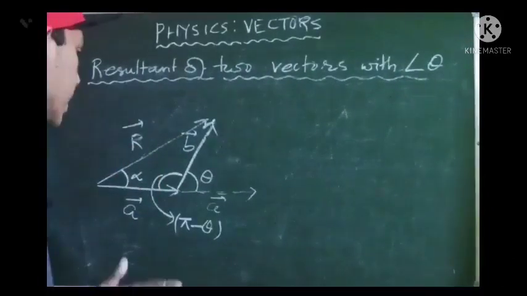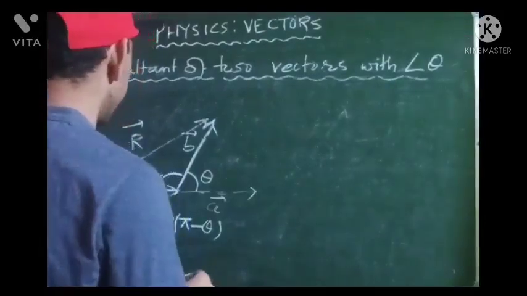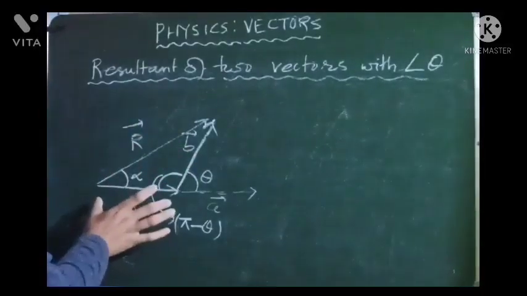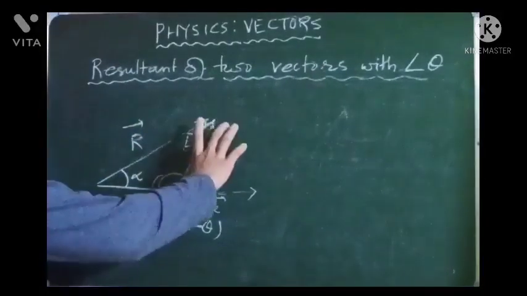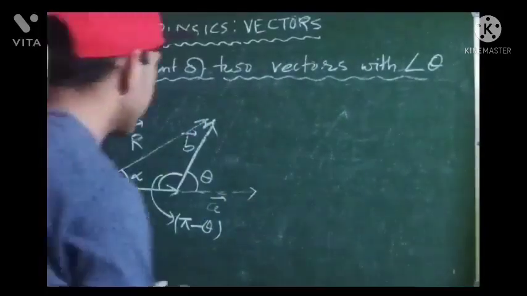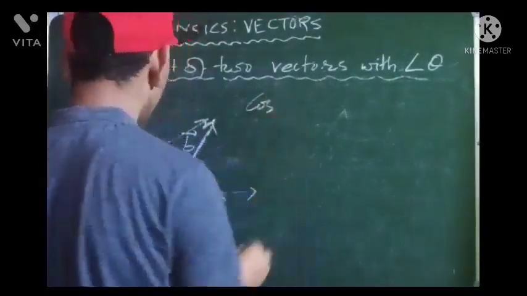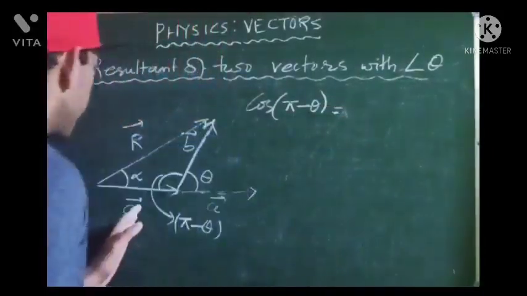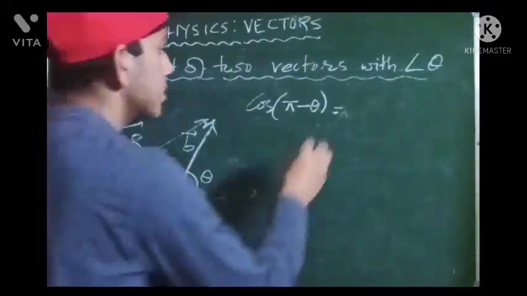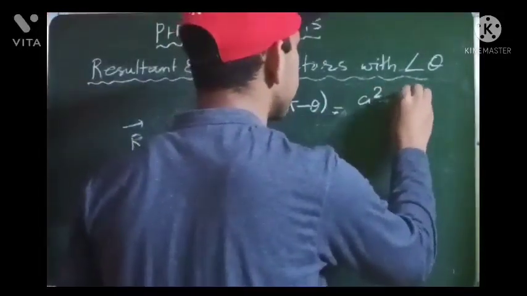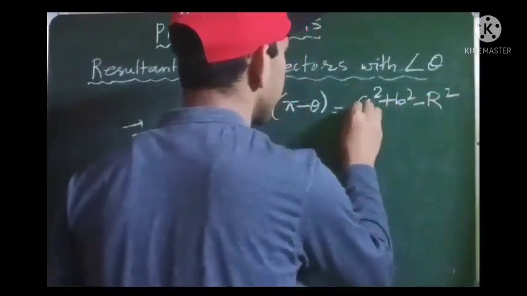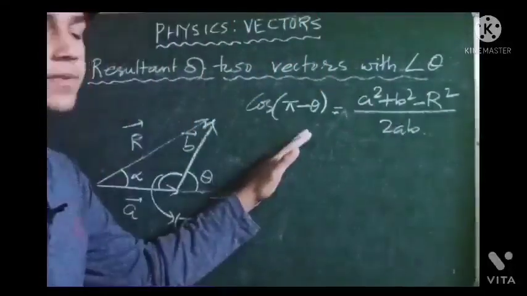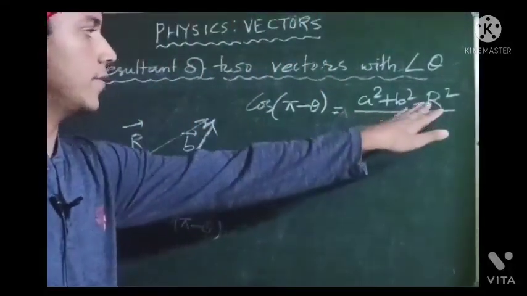Then by cosine rule we can write this as, before that we can represent the magnitude of this R vector as simply R, the magnitude of this A vector as simply A, and the magnitude of this B vector as simply B. So we can write by the cosine rule, cos of pi minus theta is equal to a square plus b square minus r square divided by twice ab. Now we are going to simplify this result to find the value of r.